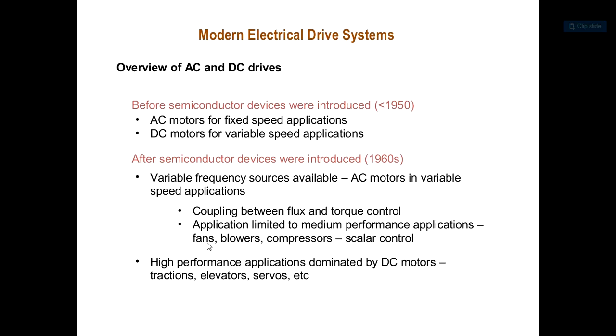After the invention of semiconductor devices in the 1960s, we started using AC motors in variable speed applications as well. But there was still a problem of coupling between flux and torque control, so applications were limited to medium performance applications like fans, blowers, compressors. High performance applications like elevators, traction and servos were dominated by DC motors until the 1960s.